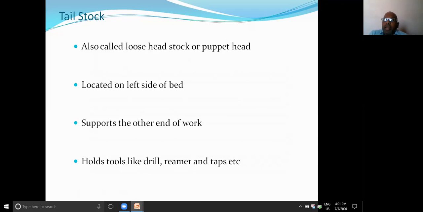So the required cutting tool, either a drill or reamer, is inserted within that sleeve. Whenever the hand wheel of the tailstock is rotated, the motion is given to the cutting tool with the help of the rotation of the tailstock. So that is the simple working principle of the tailstock in order to perform operations like drilling, reaming and tapping.